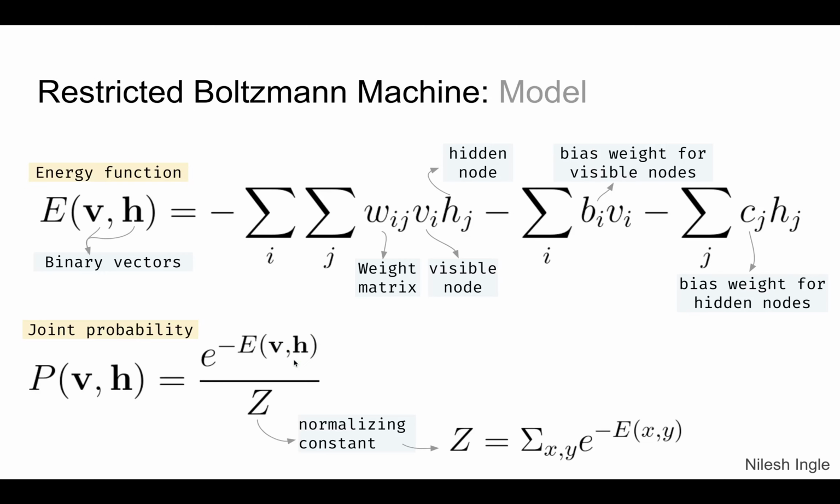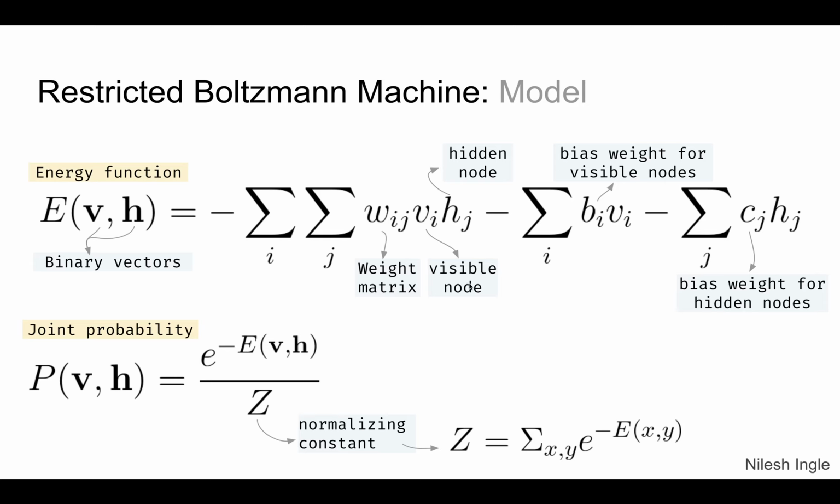Now the restricted Boltzmann machine is given by this energy function E(V, H), where V and H are binary vectors. V is the input vector for the visible layer and H is the hidden layer, and it is given by this relation on the left hand side, where W again is the weight matrix.